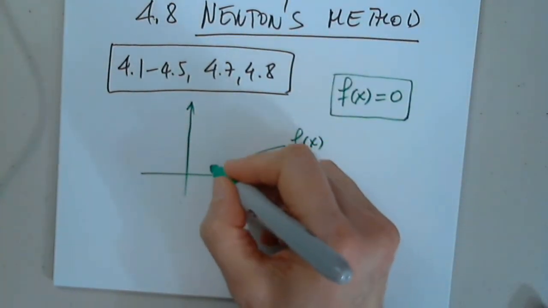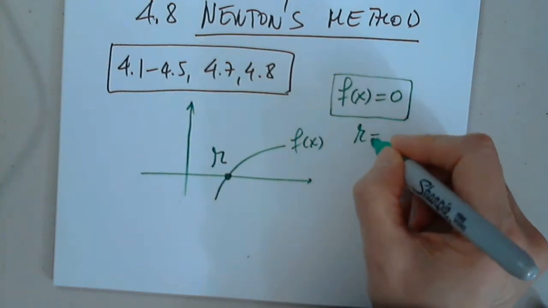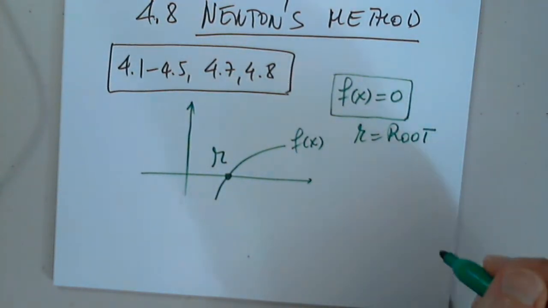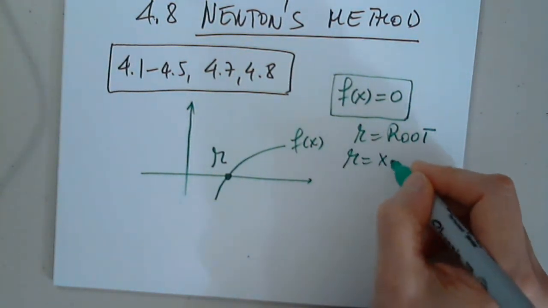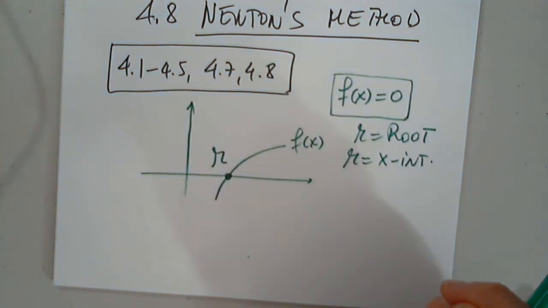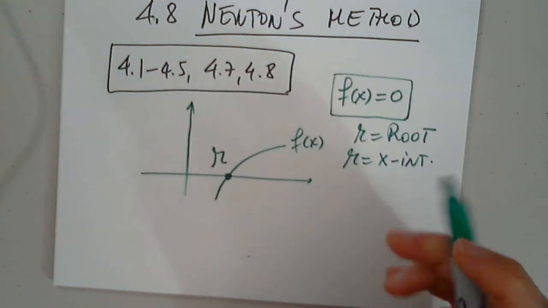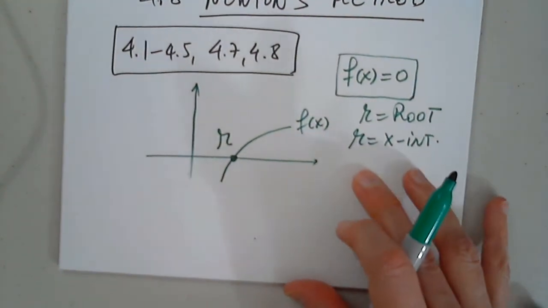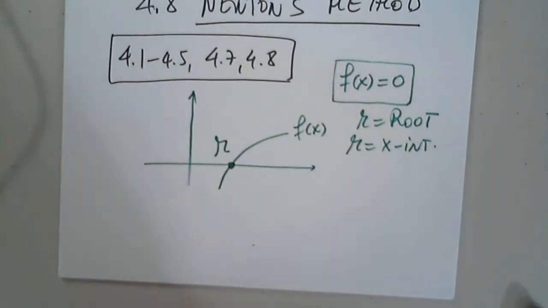We're going to call this r. R is the root, or r is the x-intercept, whatever you want to call it. We want to determine this, but we cannot do it algebraically. It's not a linear equation, it's not a quadratic, it's not a logarithmic or exponential, it's something that we cannot solve by hand.